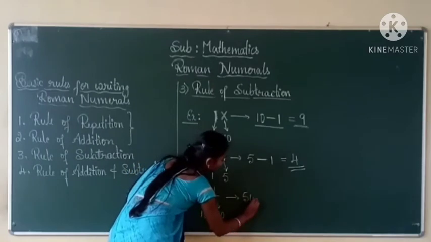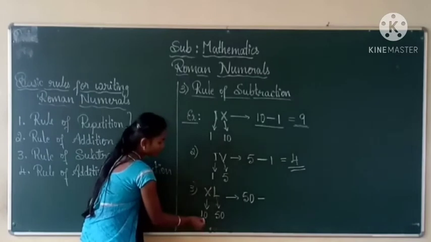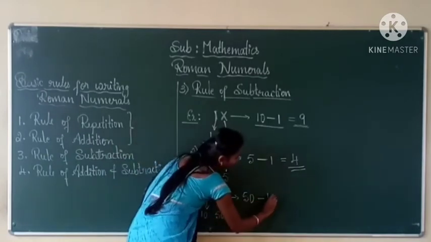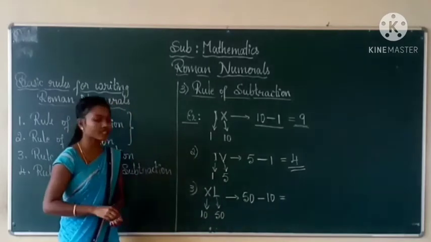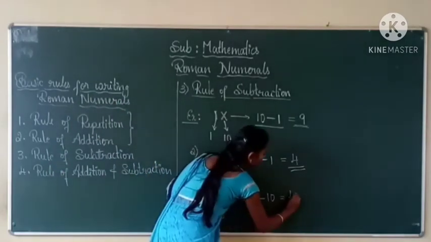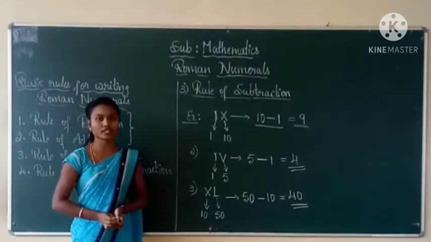So write 50 first. After that, put a symbol of minus. Then write the smaller numeral 10. So 50 minus 10 is equal to 40. So it is the symbol of 40.